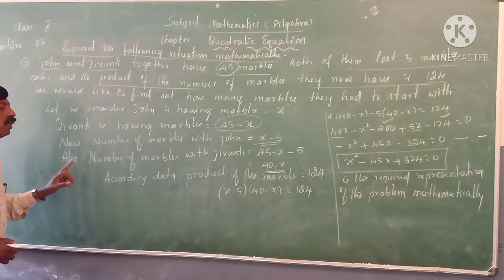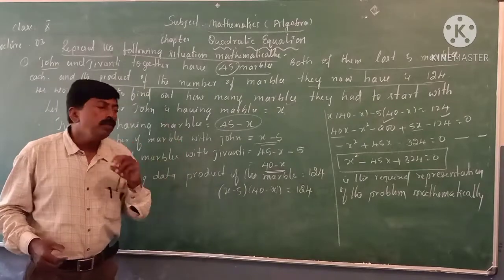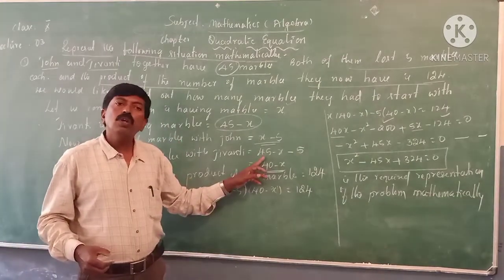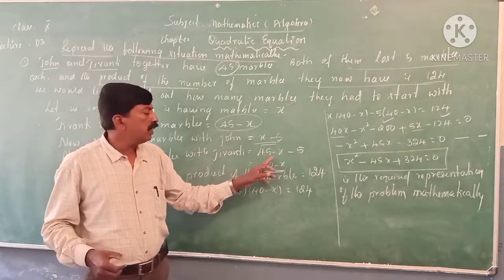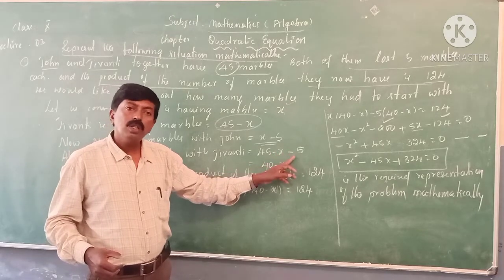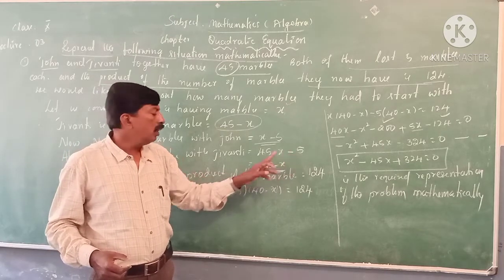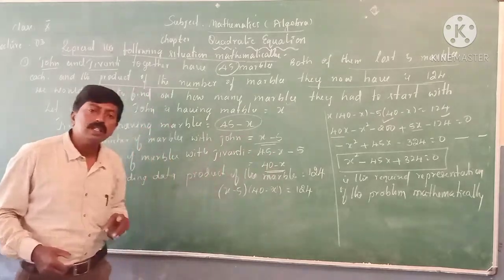In the same way, Jeevan also lost 5 marbles, so you have to subtract 5 from 45 minus x. Now the remaining marbles are 40 minus x.